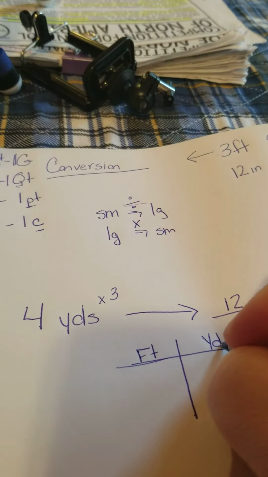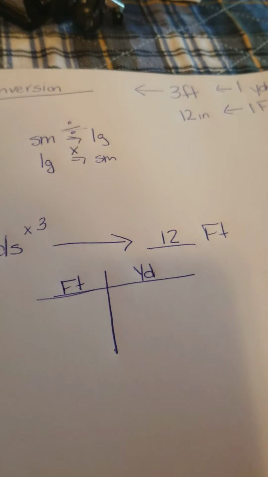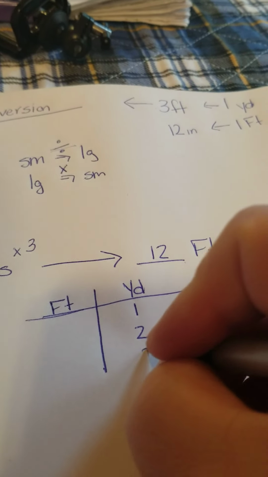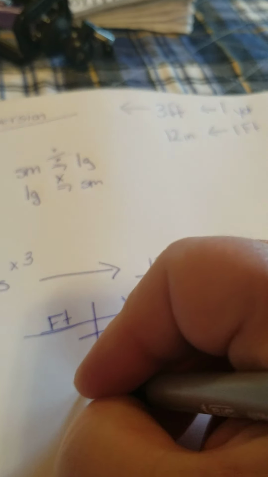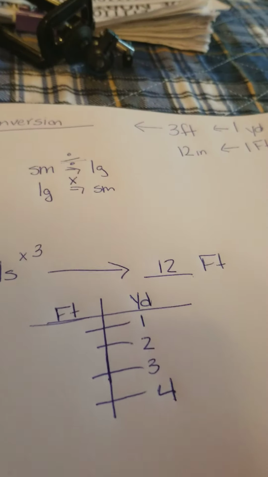So my second strategy is going to be my T-chart. So for every 1 yard, 2 yards, 3 yards, 4 yards.